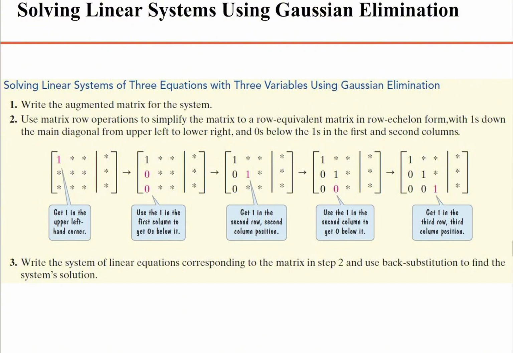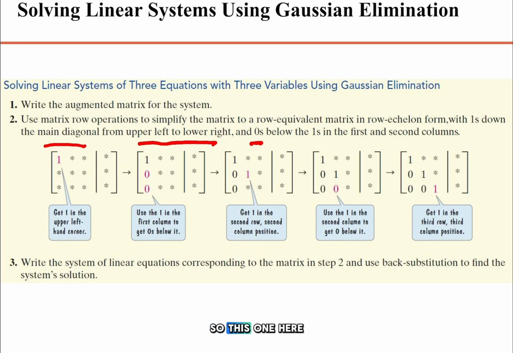Now, solving linear systems using the Gaussian elimination method, solving linear systems of 3 equations with 3 variables using Gaussian elimination. So we write the augmented matrix, and then we use row operations. We want to get 1s on the main diagonal from the upper left to the lower right, and then zeros below the ones.